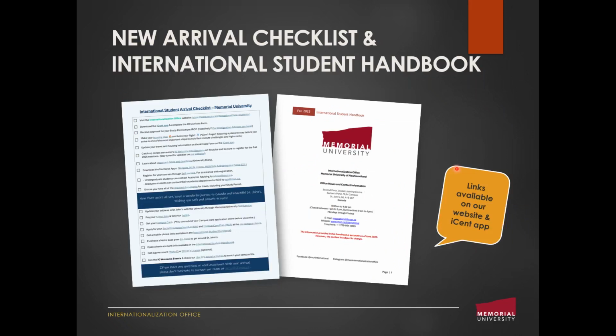The next resource I would like to introduce is a new arrival checklist and the International Student Handbook, both available on the iCenter app and on our website. From my experience, about 80% of the questions I receive from new students are quite similar, so I gathered many of the answers in these two resources.